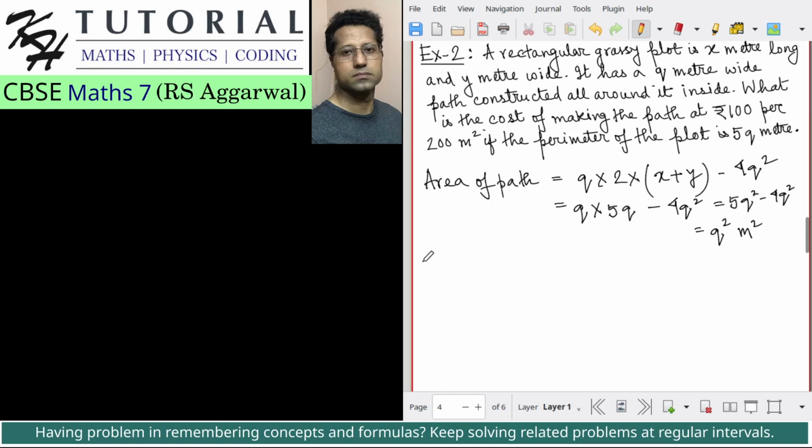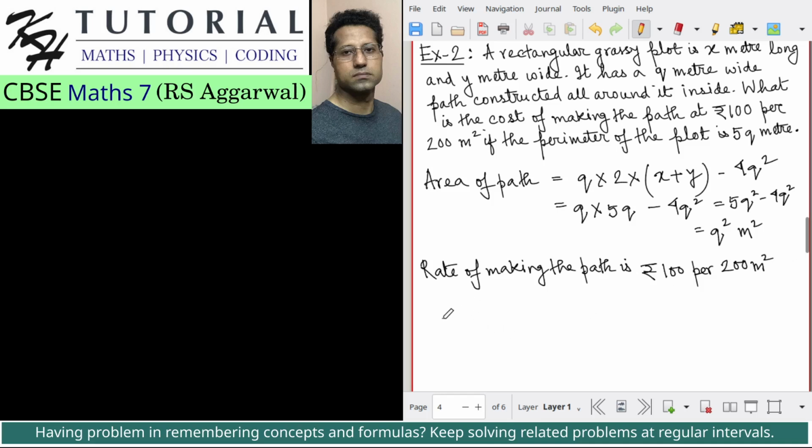So it is given that the rate of making the path is rupees 100 per 200 meter square. What does it mean?